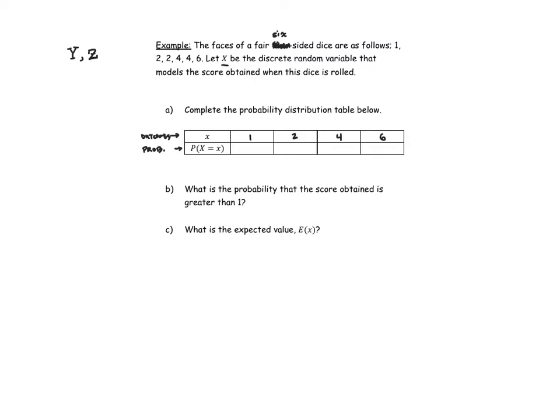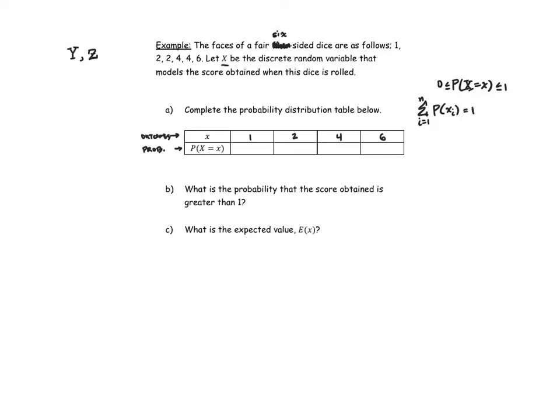Now, a couple of things. The probability of any particular outcome must be between 0 and 1, inclusive. And the sum of the probabilities from i equals 1 up to the nth possible outcome, which would include all possible outcomes, should add up to 1.